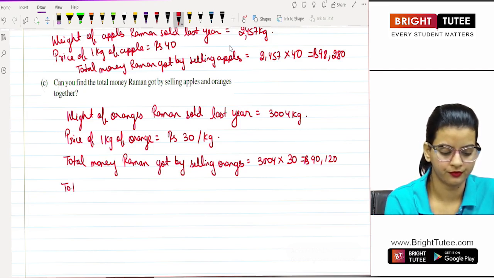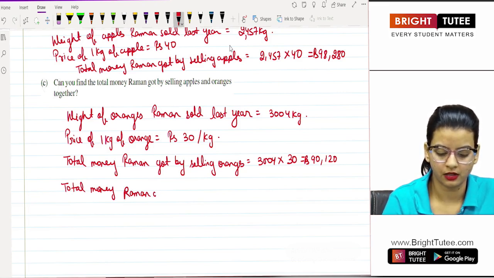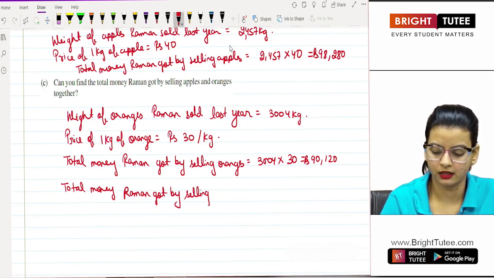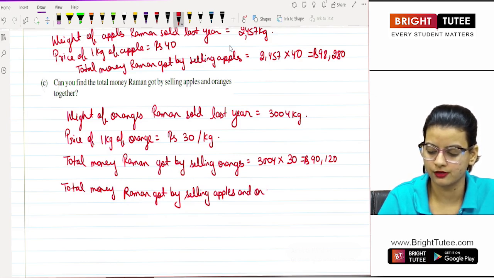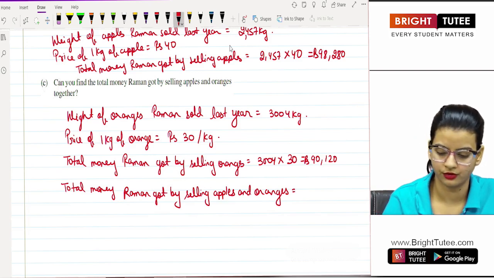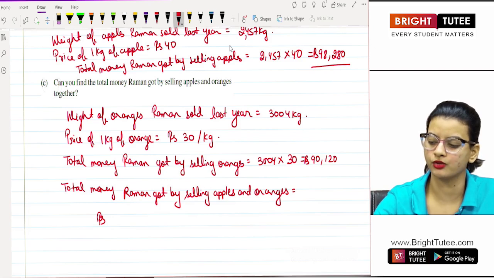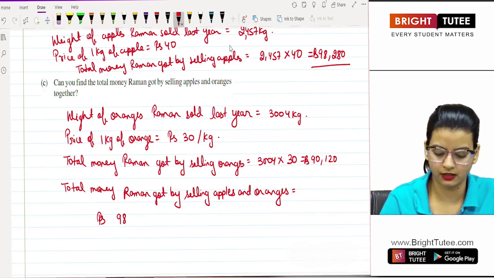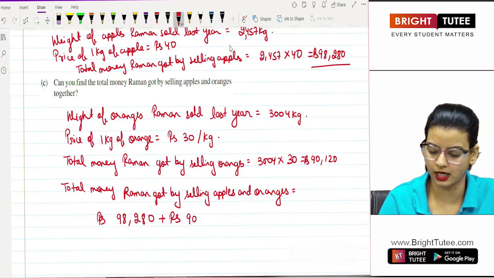So total money Raman got by selling apples and oranges is rupees 98,280 plus rupees 90,120.